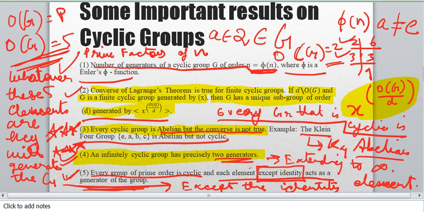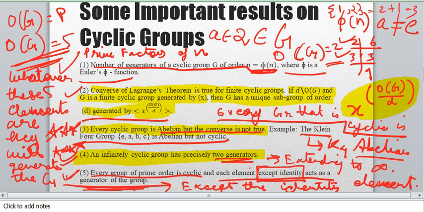Like if there are two elements, let's say 1 comma 2, just taking any vague example. So if I do 2 plus 1, then I get 3.